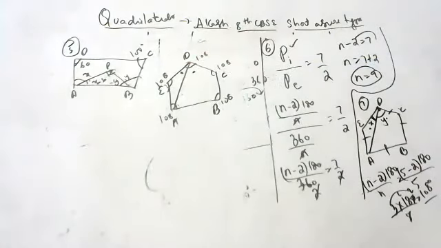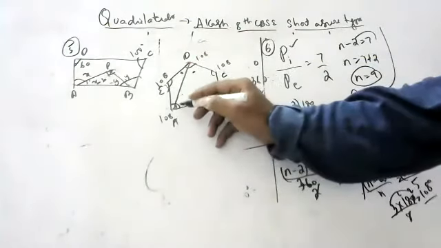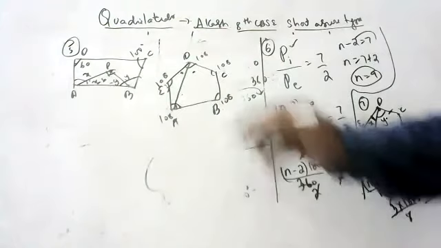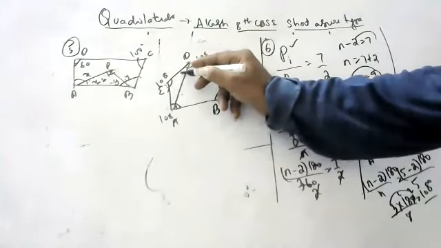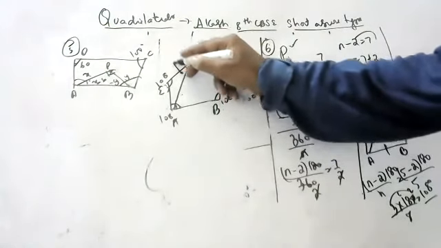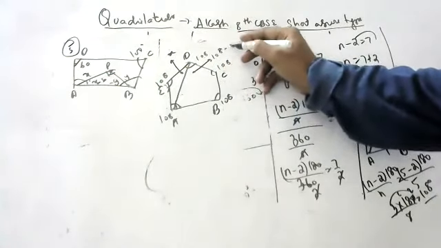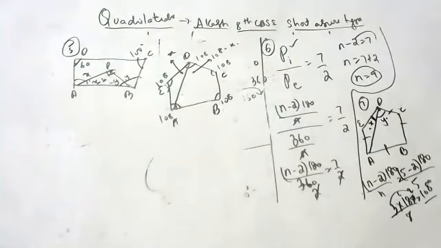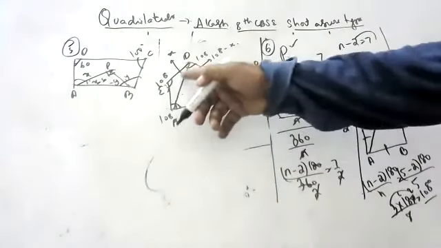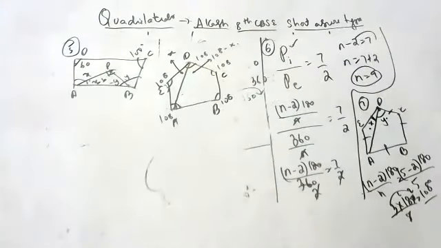What is the ratio of the two parts? This is 108. If one part is X, the other will be 108 minus X. How will we find X? We should find it out.